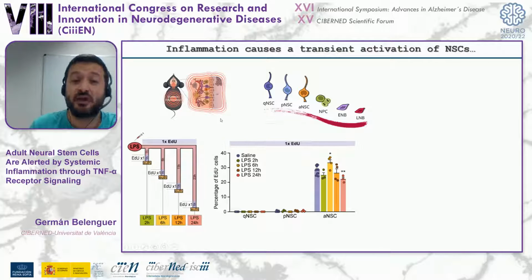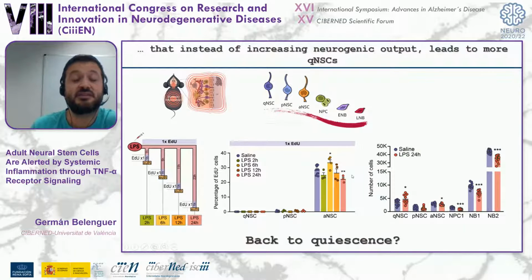And what we could observe is that there is a transient activation of neural stem cells that enter the cell cycle after LPS injection, but this activation is reduced at the later stages. Interestingly, this transient activation did not turn into a higher production of new neurogenic cells. In fact, it's the opposite.